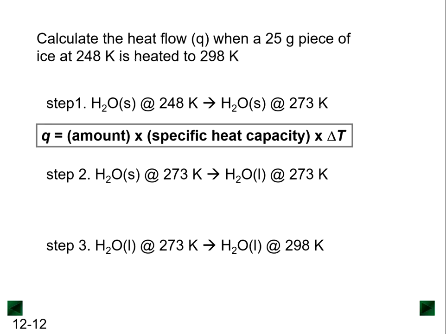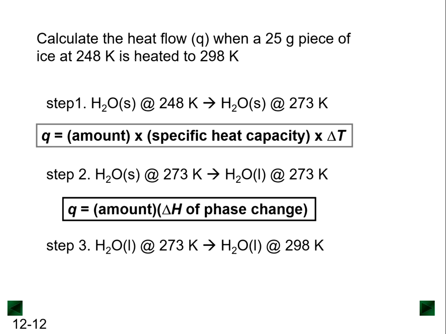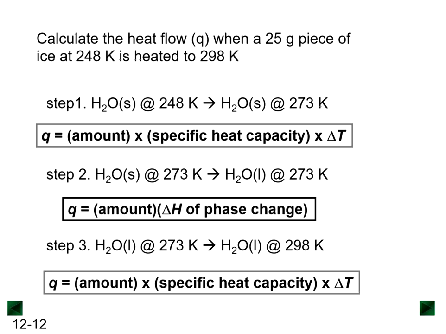For step number 2, we're looking at a phase change, so Q will equal m times the standard enthalpy for that process. And then step 3, the heat flow is the mass times specific heat times delta T, in this case using the specific heat capacity for water as a liquid.